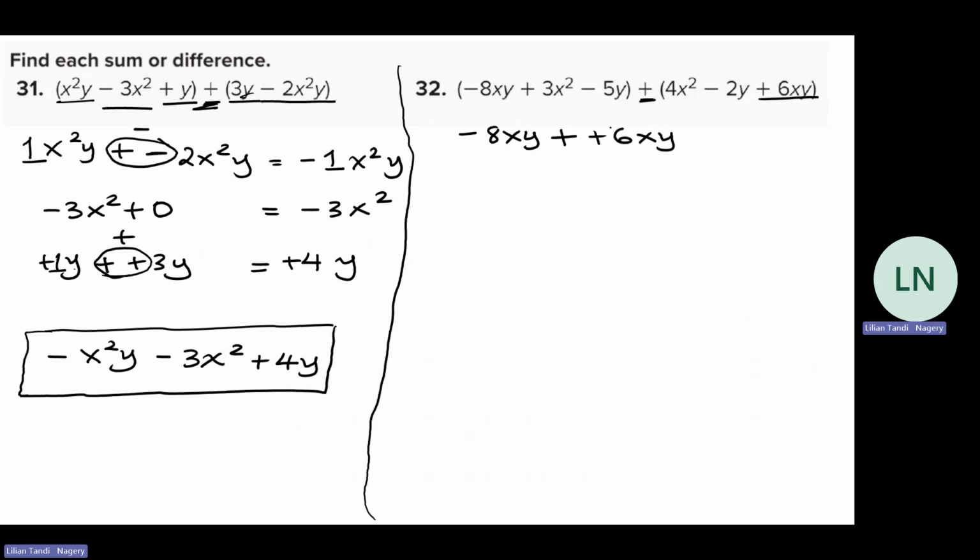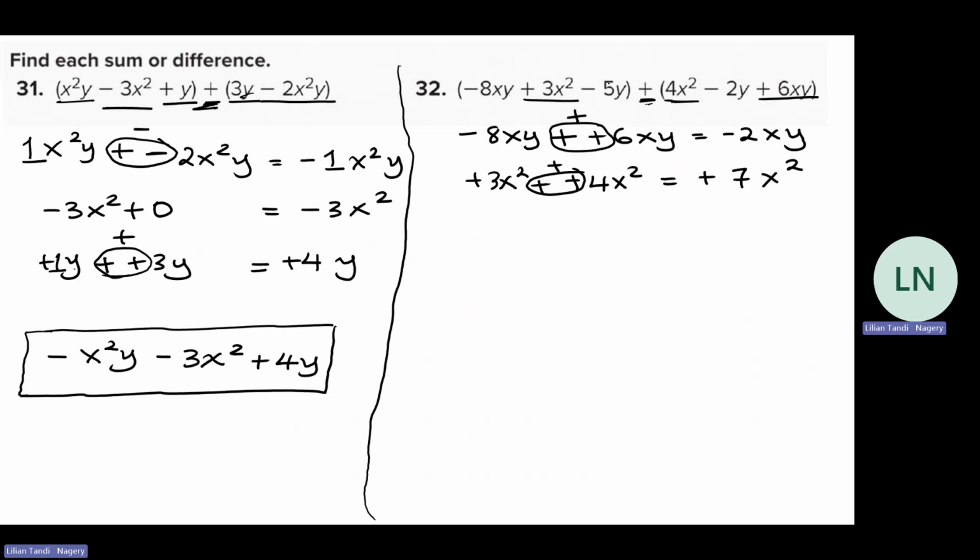Now negative 8 plus 6 is negative 2, and my variable is xy. Then the next person I need to use is this, positive 3x squared, and the friend is here, plus positive 4x squared. This becomes positive. So that becomes positive 7x squared.